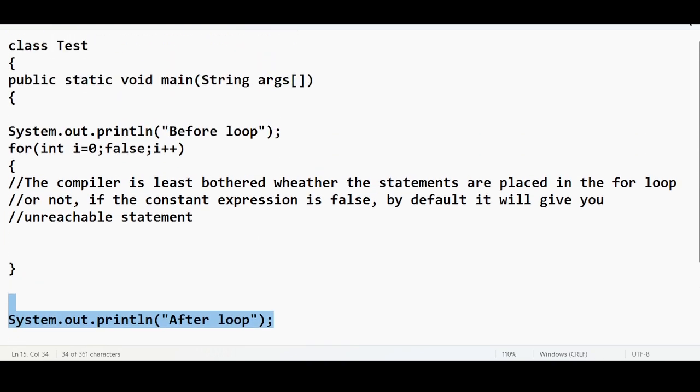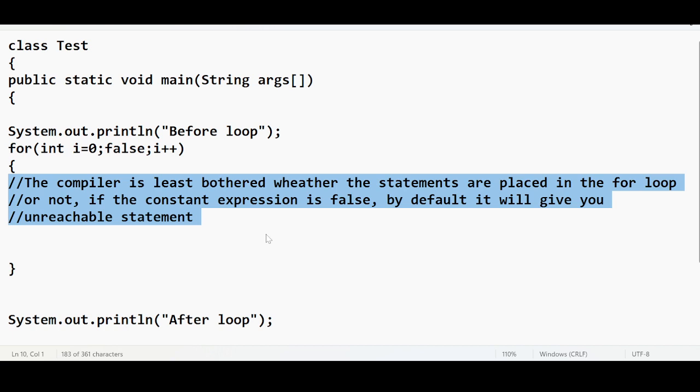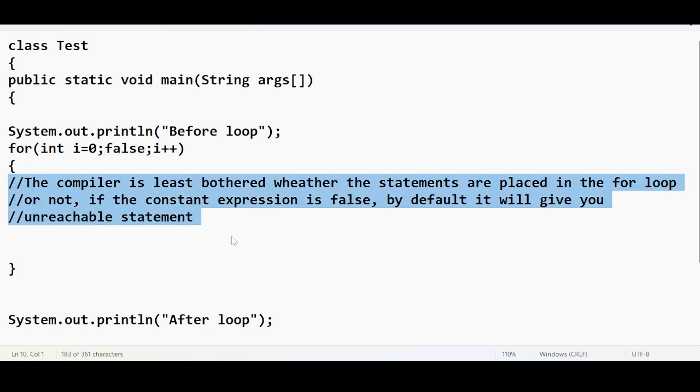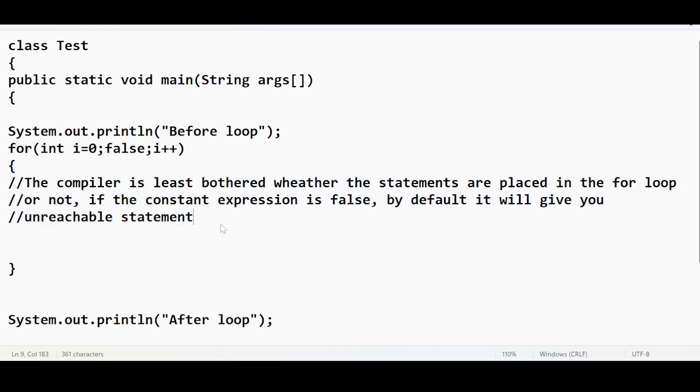When it comes to inside the for loop, if you give the constant expression as false itself, by default the compiler will assume that the statements, whether you are mentioning them or not, are going to be non-reachable, because the compiler will not check inside. By looking at this, it will assume that the developer has some statement inside the for loop, and this is going to be unreachable. It will not see whether the statements are placed or not.